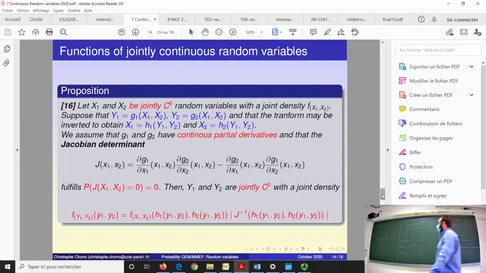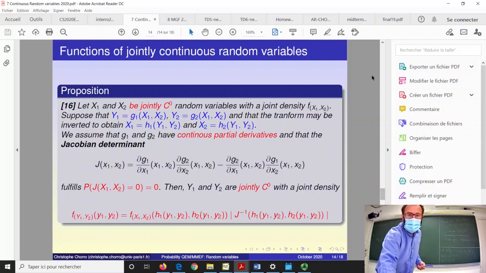So I keep this one because I will use it again, and maybe you can try to do it by yourself. Well, before doing exercise 5, I will do this one. It's an example following this proposition.